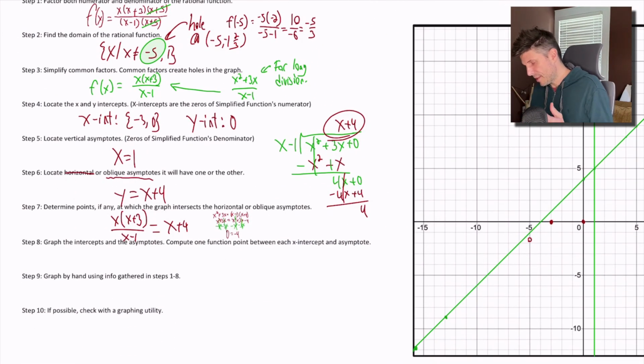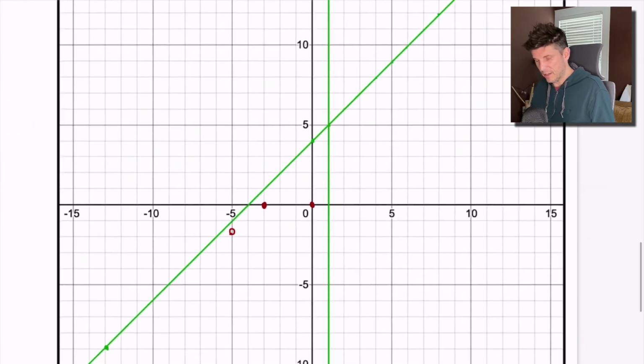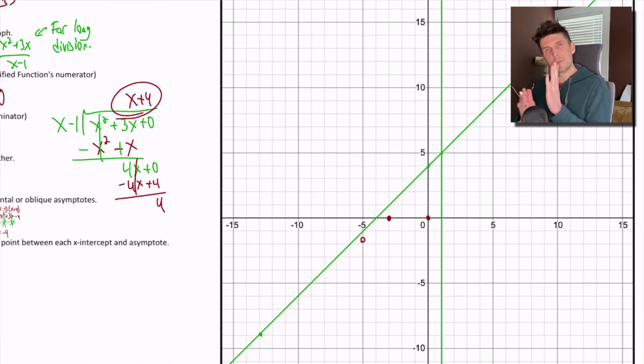All right, and then anything else with the asymptote. Sometimes you're up on one side and down on the other, or sometimes you're up on both sides or down on both sides of the vertical asymptote. So it's probably not a bad idea for us to just get a couple test values to give us a sense for where this graph is.